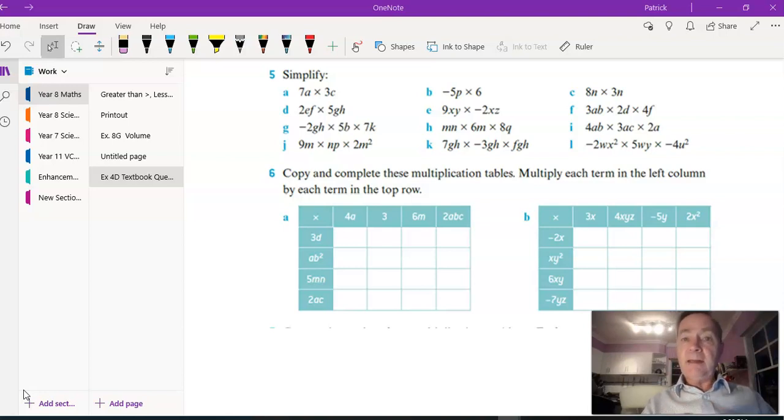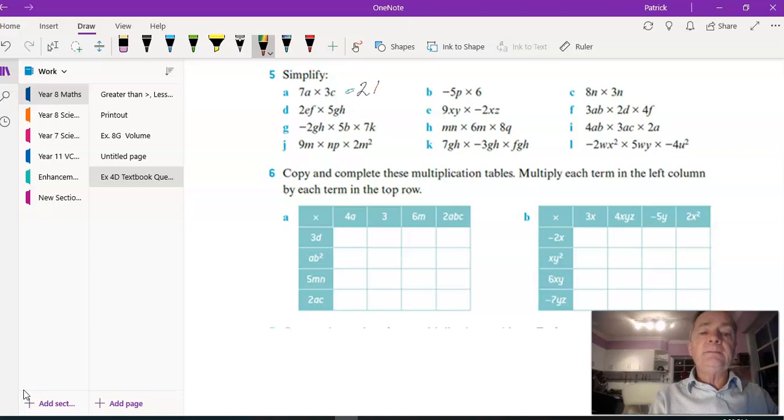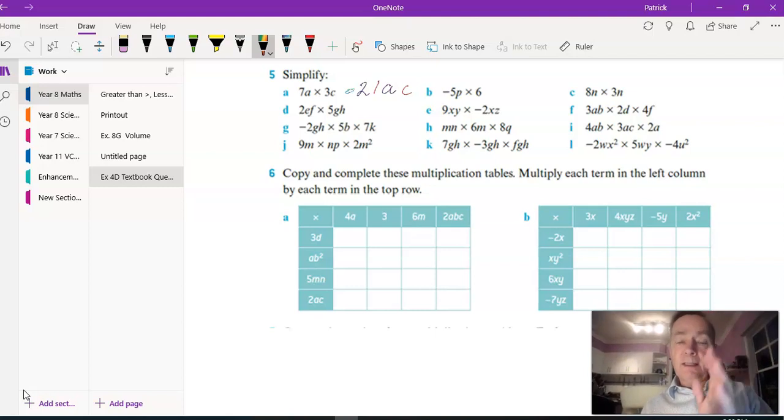So when we have question 5A, 7 times 3 is going to be 21, and A times C will be AC. Now, in algebra, we write the pronumerals or the variables in alphabetical order. So that becomes 21AC.